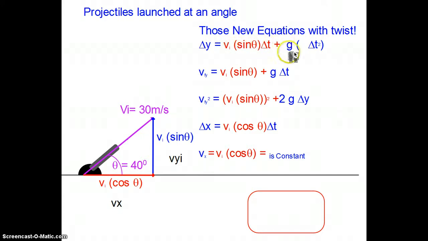I don't know where my 1/2 went. That's kind of weird. There should be a 1/2 right there. And then this would have said Viy, and this would have said Viy, and this would have said Vx, because Vx is constant, just like it was before. So that should say 1/2. I'm sorry. Now all of a sudden, we can begin to analyze our projectiles in a much more detailed way.